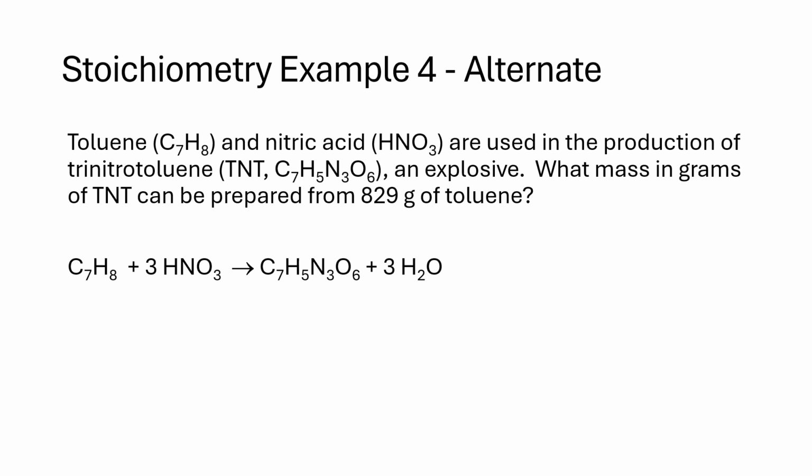To do this the traditional way, we need some of that stuff from the previous slide. The molar mass of toluene was 92.14 grams. The molar mass of TNT was 227.13 grams. What we were given was 829 grams of toluene.